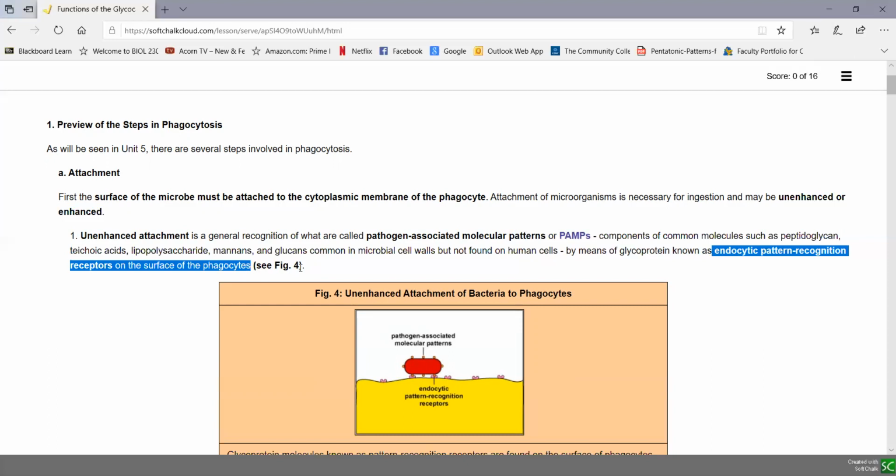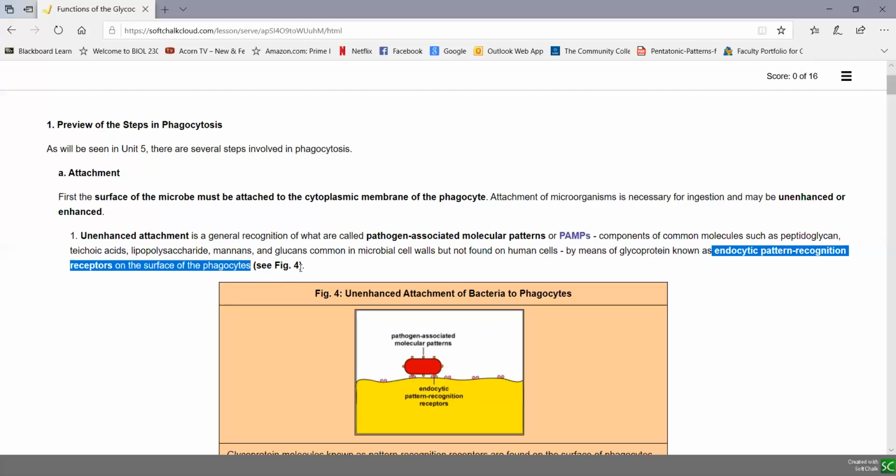So the pattern recognition receptors, or PRRs, that we talked about previously when we looked at the gram-positive, gram-negative cell wall and such, those were pattern recognition receptors where, after they react with PAMPs on bacteria, they triggered inflammation by causing the synthesis and secretion of inflammatory cytokines.